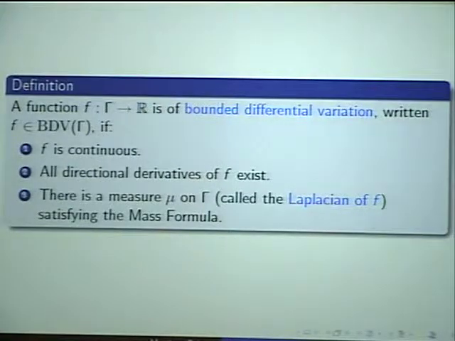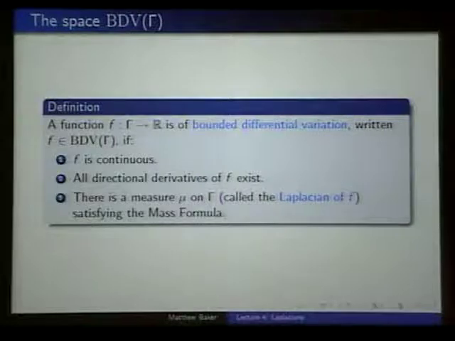So this is just a definition, but in fact this is a much larger class of functions than just the continuous piecewise affine ones. For example, any function which is C2, twice continuously differentiable piecewise, and whose derivative is in L1 of gamma will be in BDV. So you can allow functions that are arbitrarily twice differentiable with some boundedness condition. So it's much more general than just the affine ones.